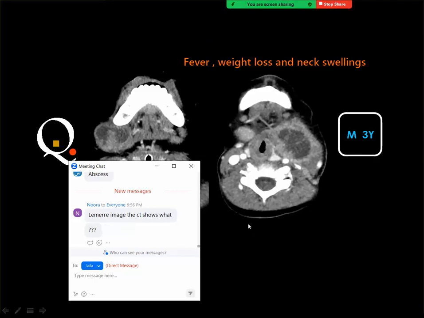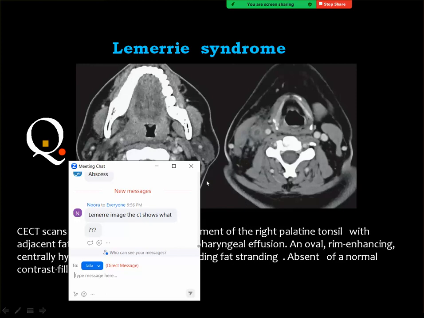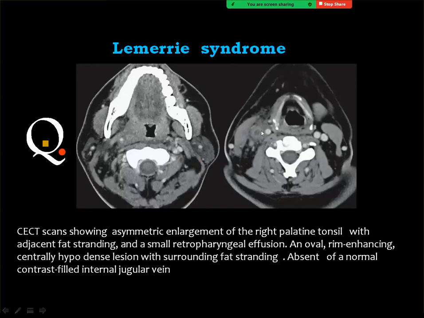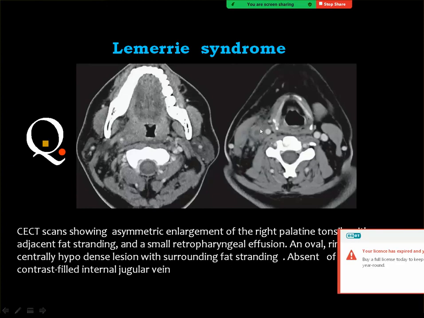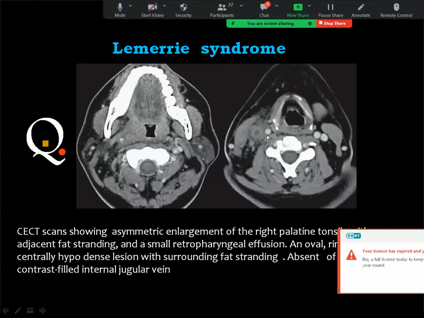Okay, there is a question about Lemierre. If you look here, this is the common carotid artery, and this should be the site of the internal jugular vein, similar to the opposite side. This is the common carotid, and this is the internal jugular. But here you see the common carotid, but the internal jugular is thrombosed.